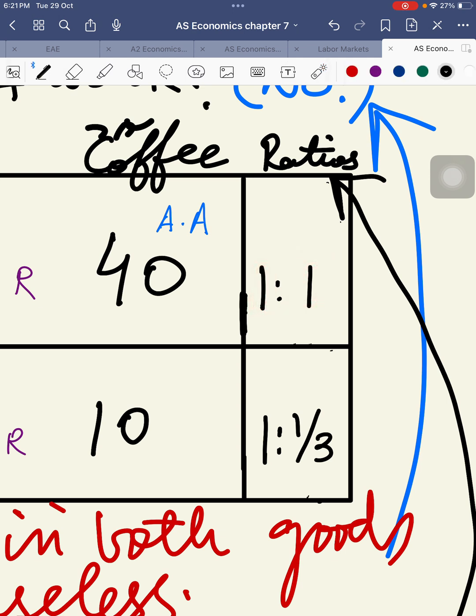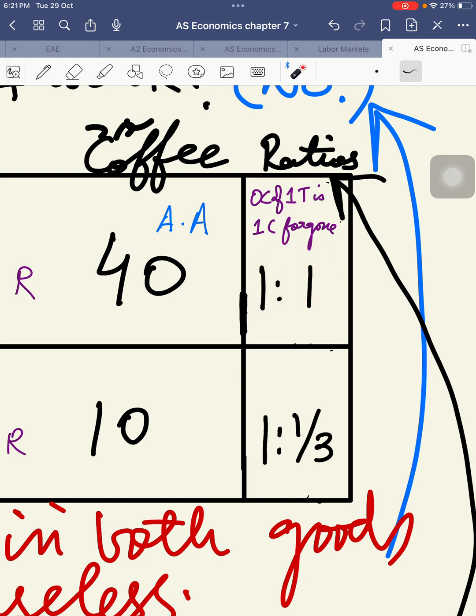Let me write it here. The opportunity cost of 1 tea is 1 coffee forgone. Similarly, what is the opportunity cost of 1 coffee?